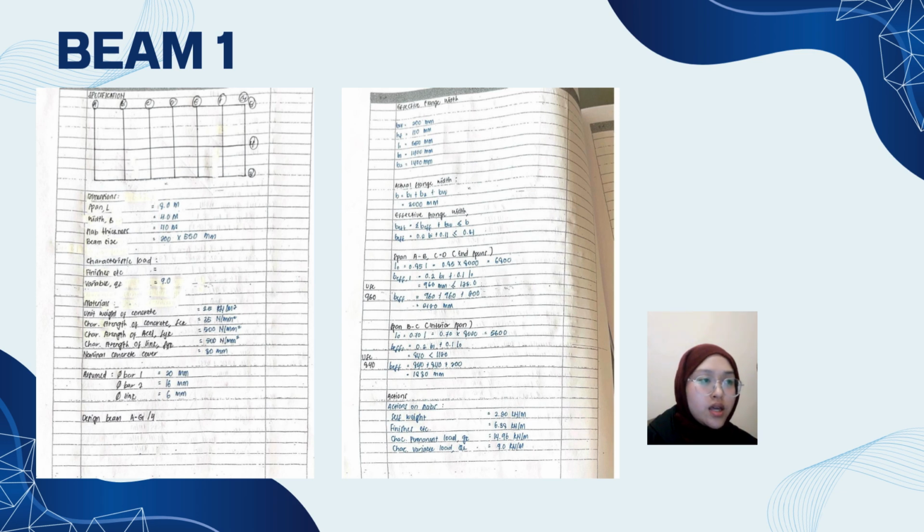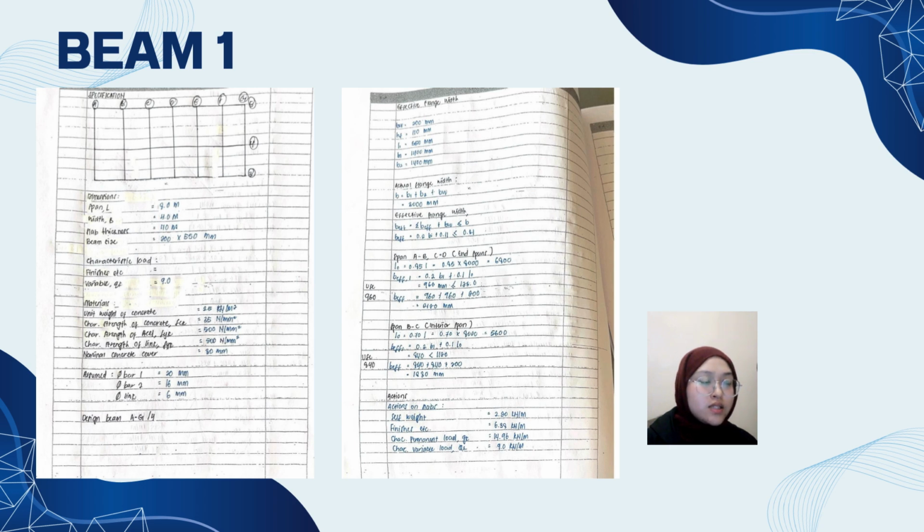Step 2. Effective flange width. Because the beam works together with the slab, we need to calculate the effective flange width. This tells us how much of the slab actually helps the beam carry the load.